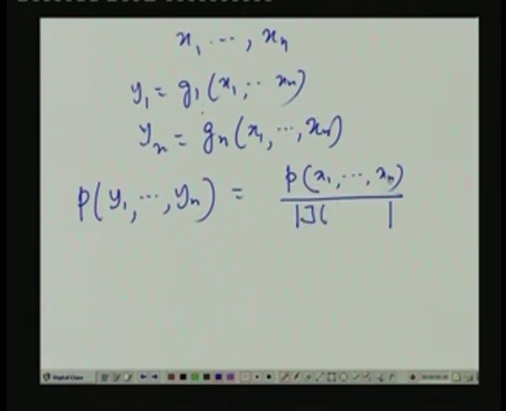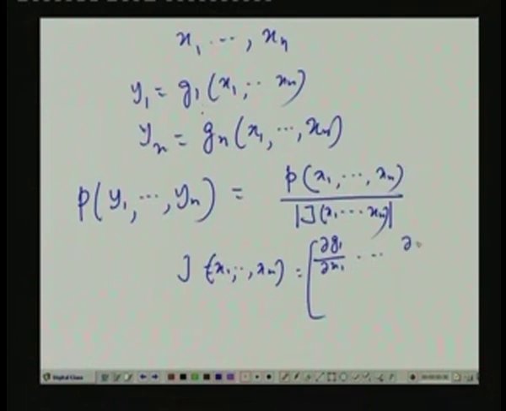Okay. Just a minute. J of x1 to xn, where J of x1 to xn is this matrix: del g1 del x1 up to del g1 del xn, and so on down to del gn del x1 up to del gn del xn.